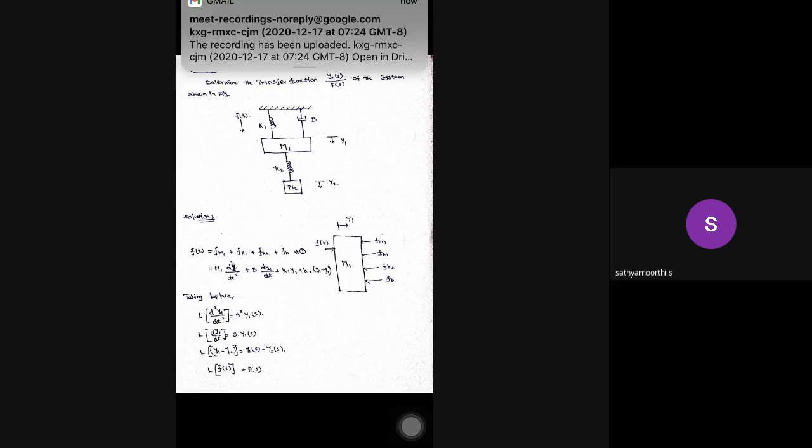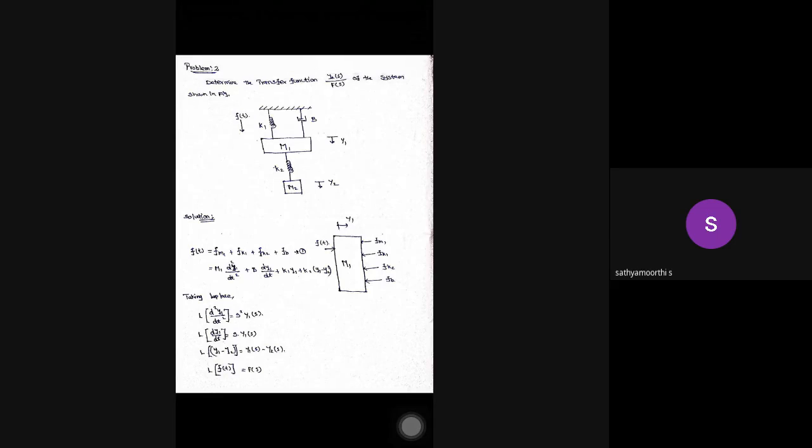K1 and K2, the two springs, are acting at the same M1 point. So we have four terms in the equation. The overall f(t) is equal to Fm1 plus Fk1 plus Fk2 plus Fb. This is the general formula for the mass 1 parameters.